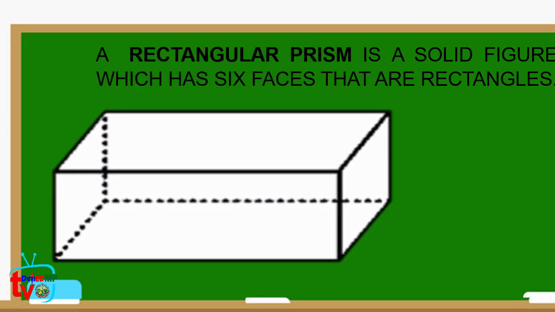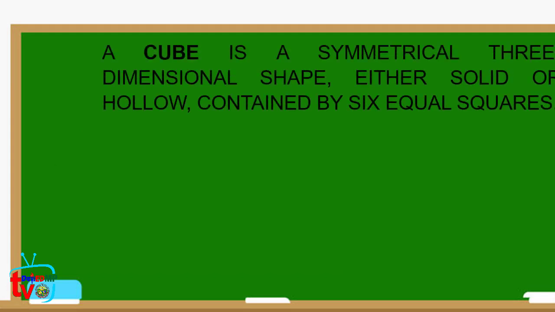Okay, this is a rectangular prism. A rectangular prism is a solid figure which has 6 faces that are rectangles. Another one here is a cube.